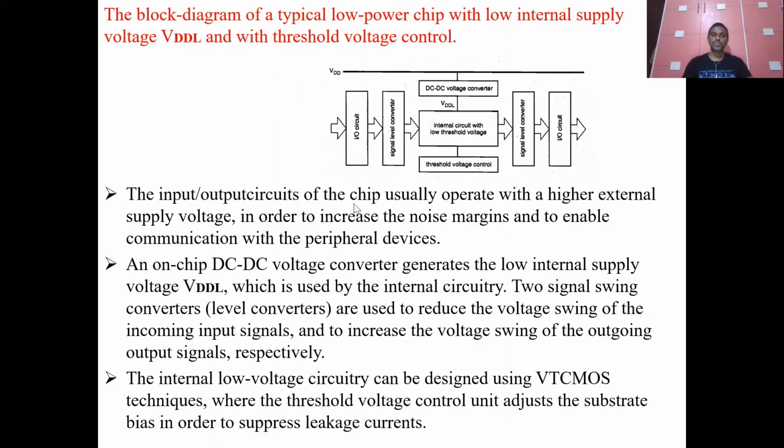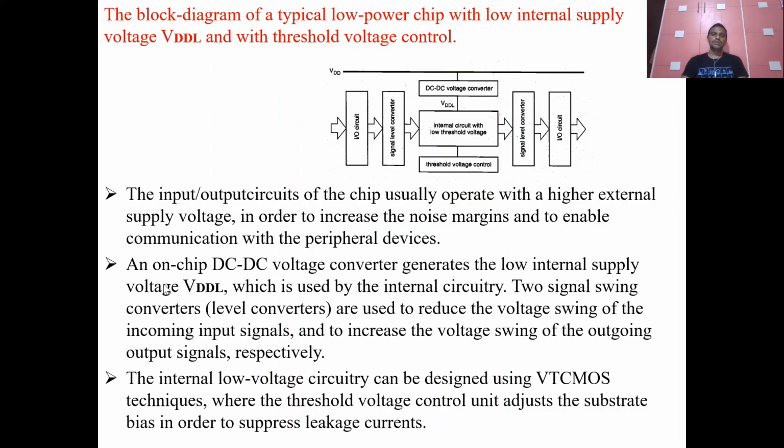The input and output circuits of the chip usually operate with a high external supply voltage in order to increase the noise margins and enable communication with the peripheral devices. So the output signal level of this input-output circuit will be increased because we have to connect that output to the peripheral devices.